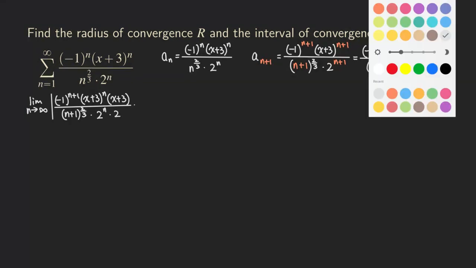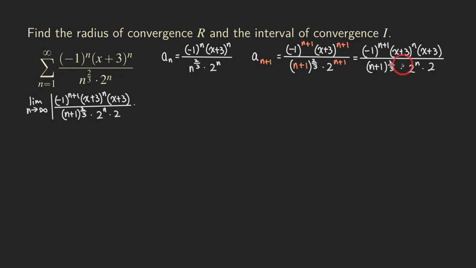Now, times, what do we get here? We are going to get the reciprocal of this expression, because we're taking the a sub n plus 1 to divide by the a sub n. When we change it to multiplication, instead of writing it as a complex fraction, we can simply take the reciprocal of this expression, which becomes n to the 2 over 3. Now the denominator becomes the numerator.